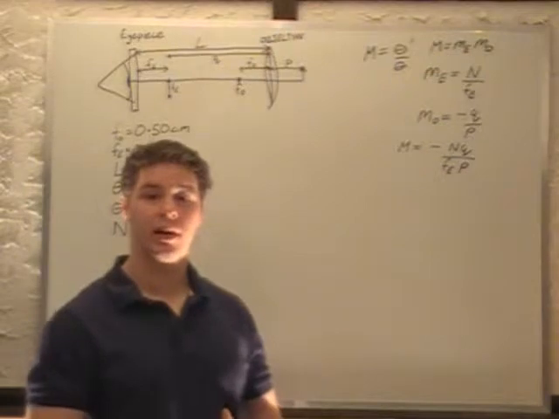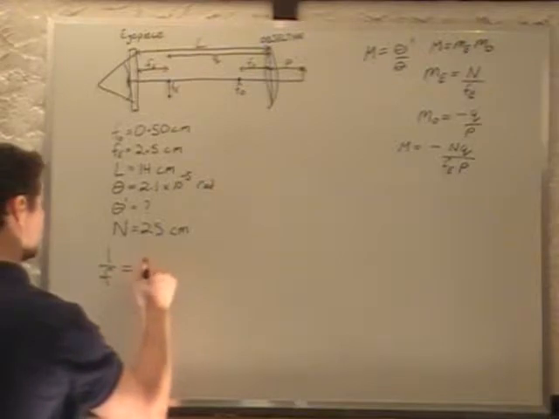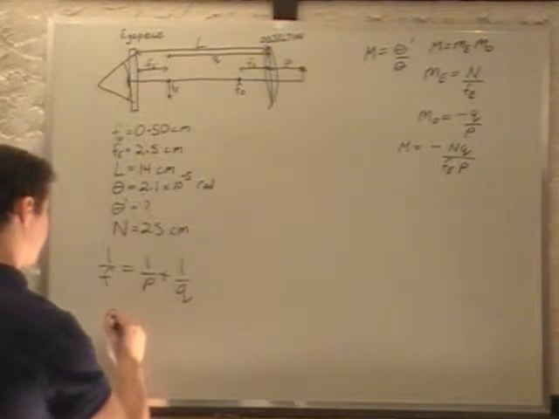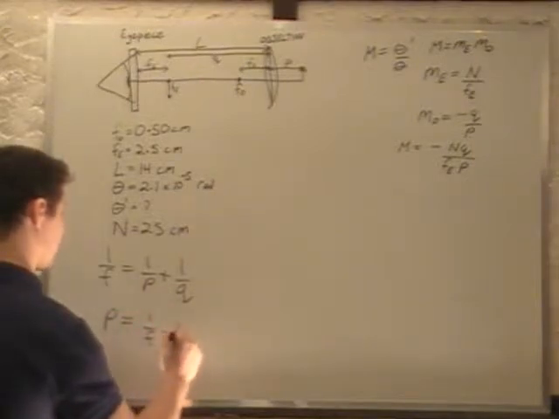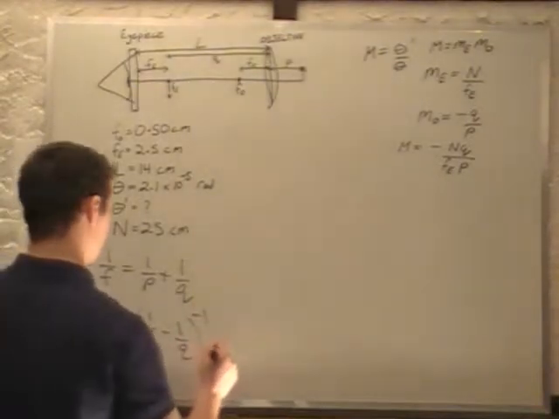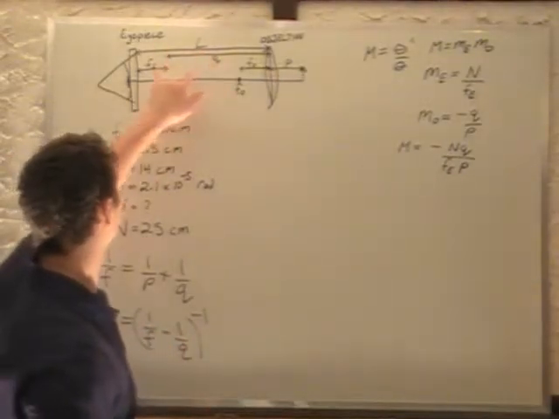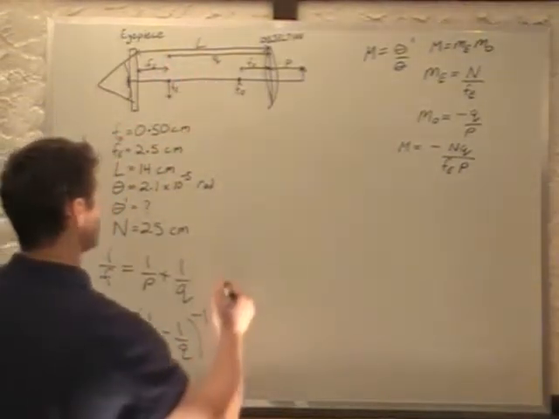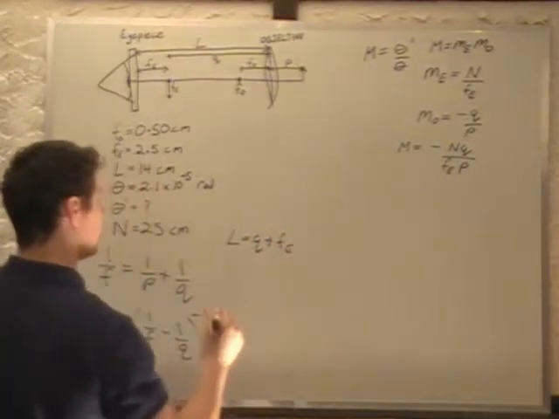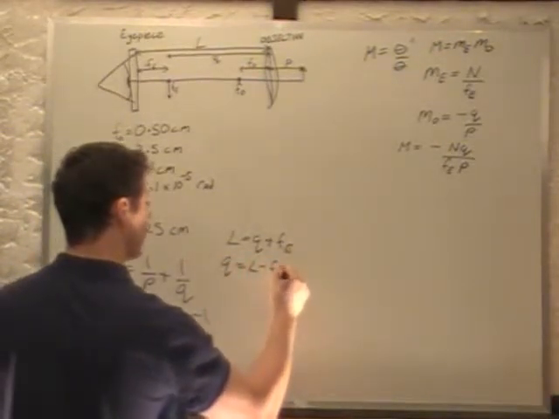So we need to figure out P just using our regular thin lens equation. 1 over F equals 1 over P plus 1 over Q. So we solve for P: P equals the inverse of 1 over F minus 1 over Q. Q is just this: L is Q plus F_E, so L equals Q plus F_E, and Q equals L minus F_E.